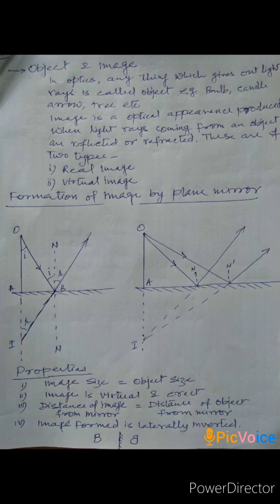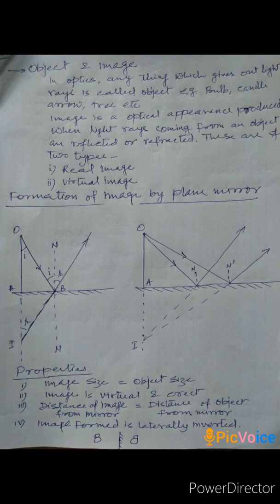Now the next topic is the object and images used in optics. In optics, anything which gives out light is called an object.